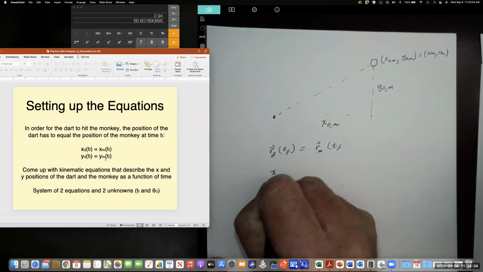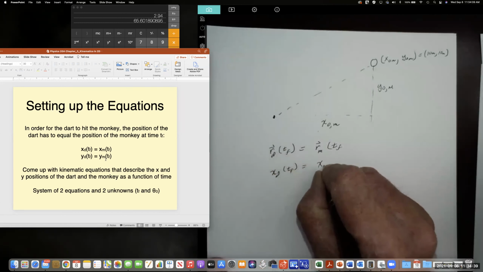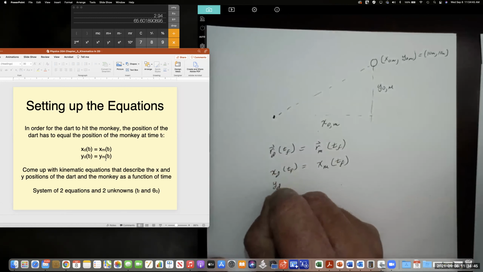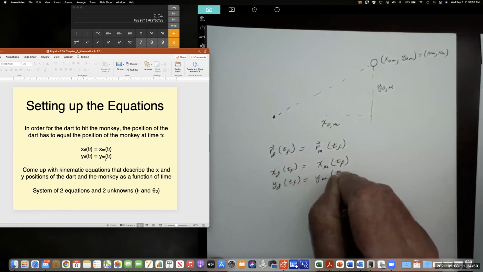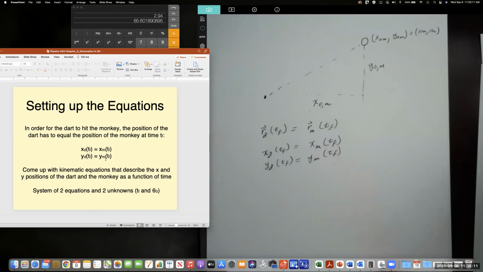Or X dart at T final has to equal X monkey at T final, and Y dart at T final has to equal Y monkey at T final. So this is just reiterating the conditions. So I don't know theta 0 and I don't know T final. Now I could try to play with range and height equations, but they're just difficult. We need XD final and YD final at T final.